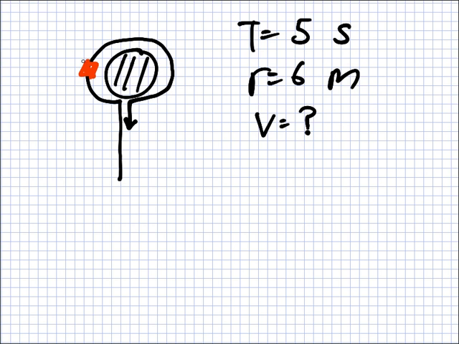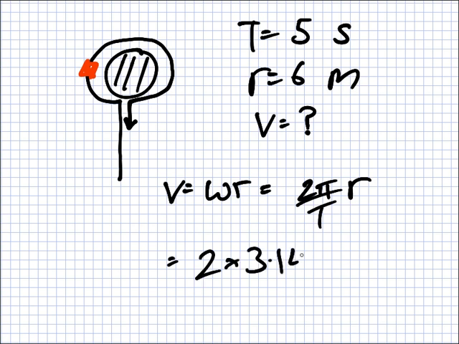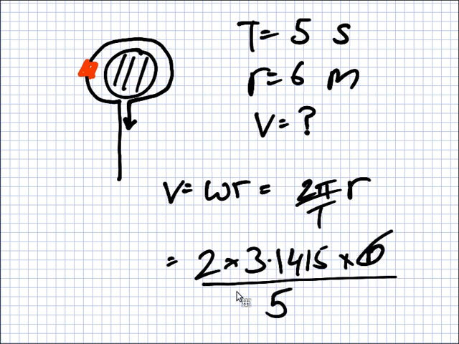So what formula would we need to get the V? I think we could say V equals omega r. But the only problem now is the omega. Well, what formula gives us the omega? 2 pi over T. So that's 2 times 3.1415 times 6 over 5.